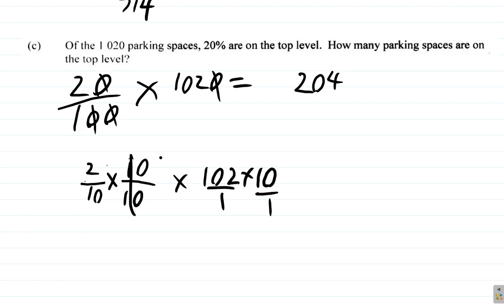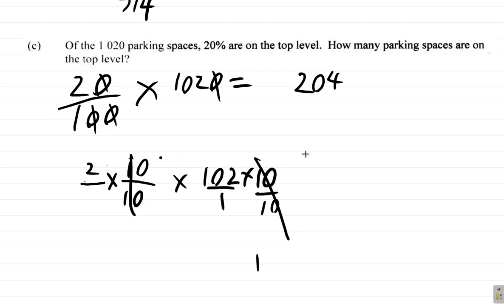This part you could rearrange and say this is really 10 divided by 10. They cancel, right?